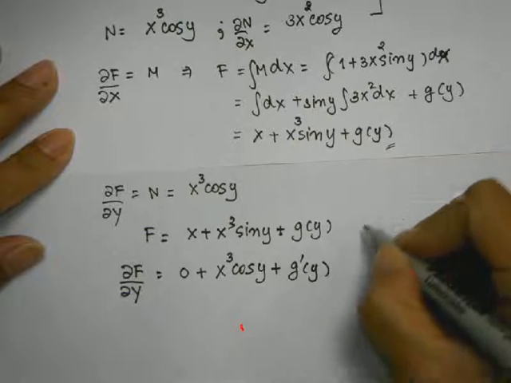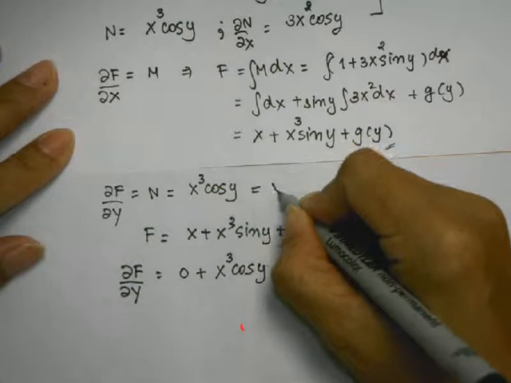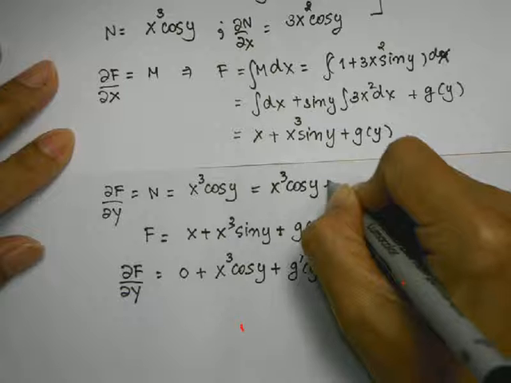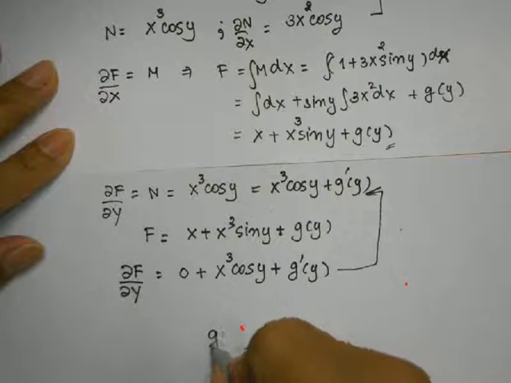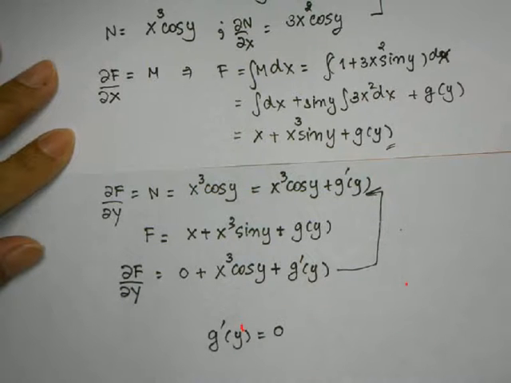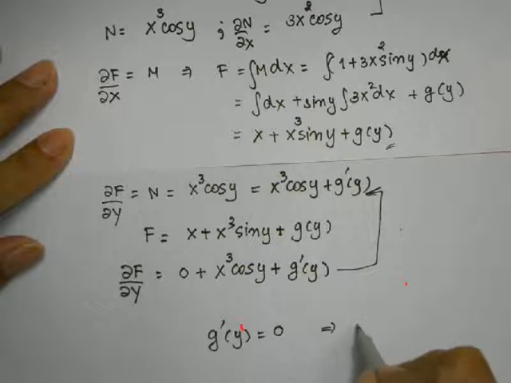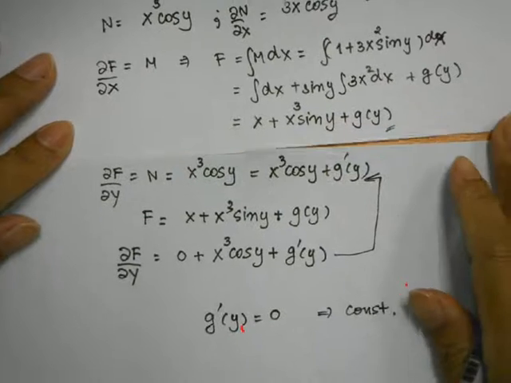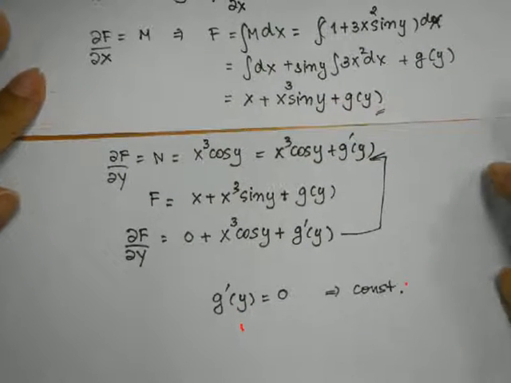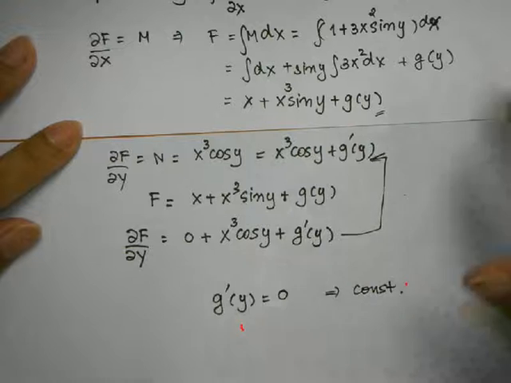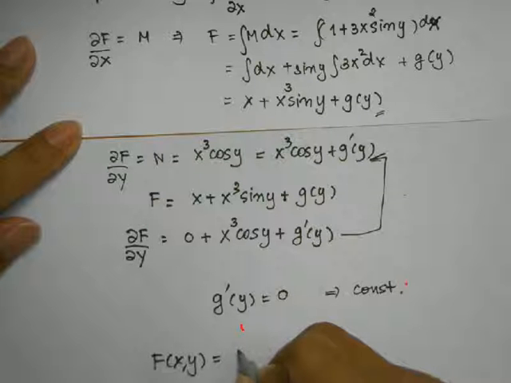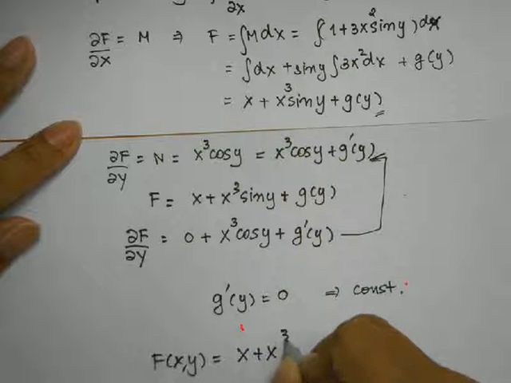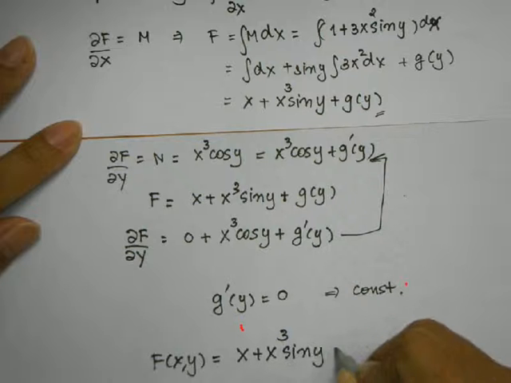And then we plug this back in there, and we get g'(y) equal to 0. If we integrate this one, we would get a constant, right? So we don't really have a function of y. So the answer is that our f(x,y) is equal to x plus x to the power 3 sine y equal to c.